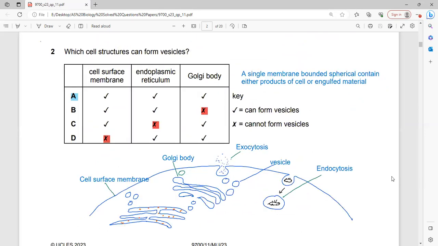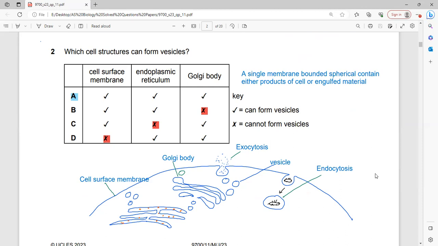Question number 2 says, which cell structure can form vesicles? Vesicles are single membrane-bounded organelles, and they sometimes contain cellular products, cellular excretions, or hydrolytic enzymes.